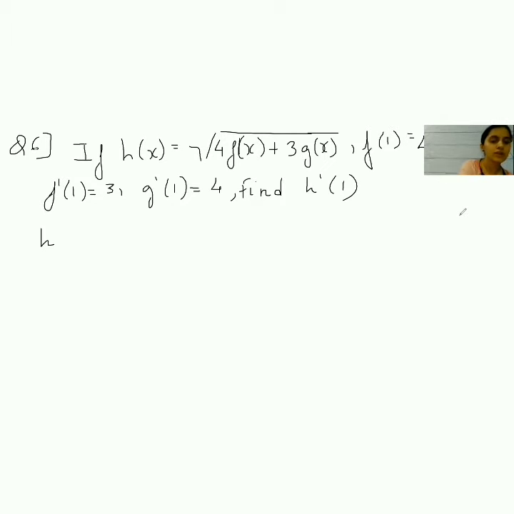Right, that means you have to find basically h dash of x first and then substitute x equal to 1. Simple. So let's just, I'll do the derivative part of it.